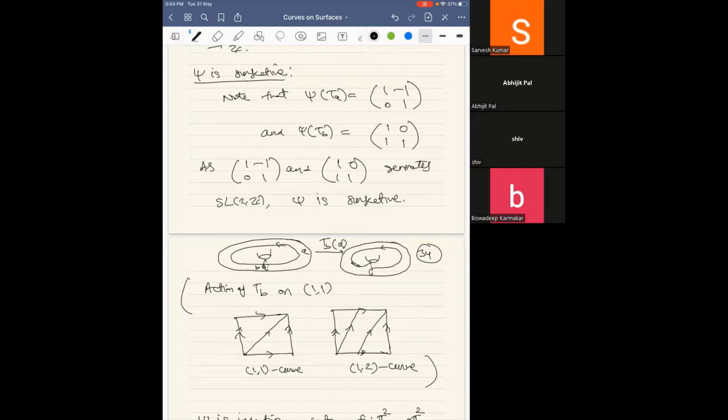That's what you get. So this is simply A plus B in homology. So that will correspond to the vector (1, 1). I hope you can see the other part also. Is this clear?